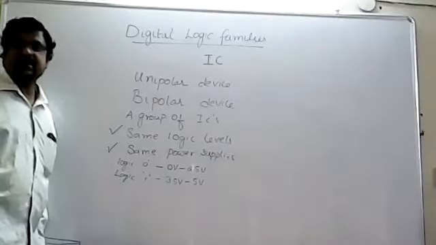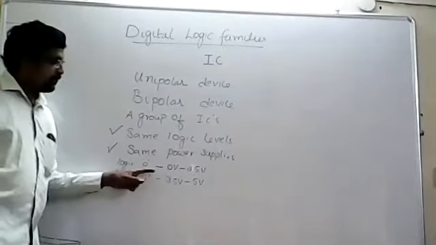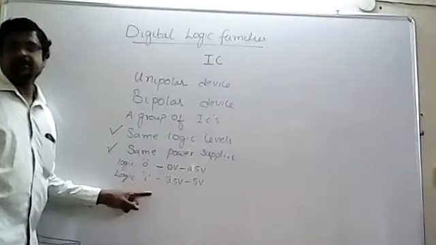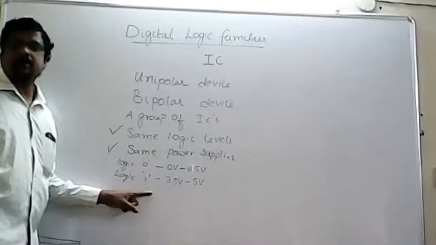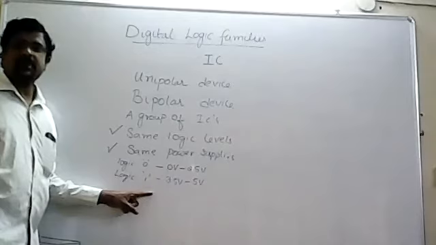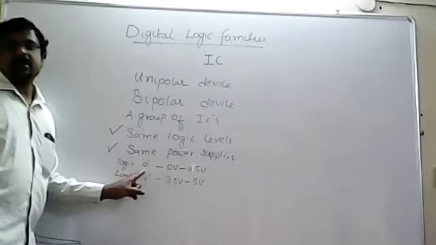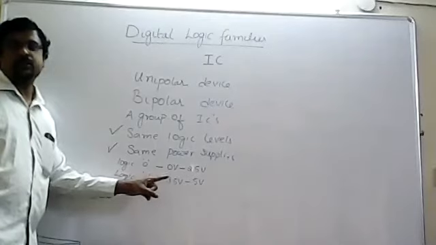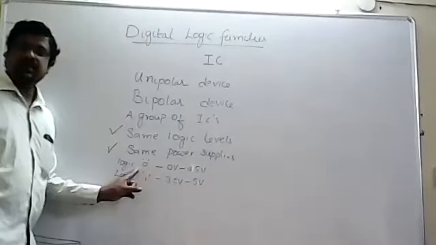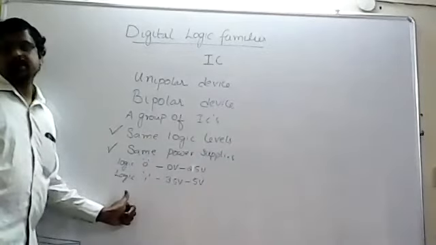Whichever company is manufacturing a digital IC has to follow this logic level. So National Semiconductor, Motorola, Fairchild, all these companies have to follow this rating. It is compulsory: all the companies should maintain 0 to 2.5 volts as logic 0, and 3.5 to 5 volts as logic 1.